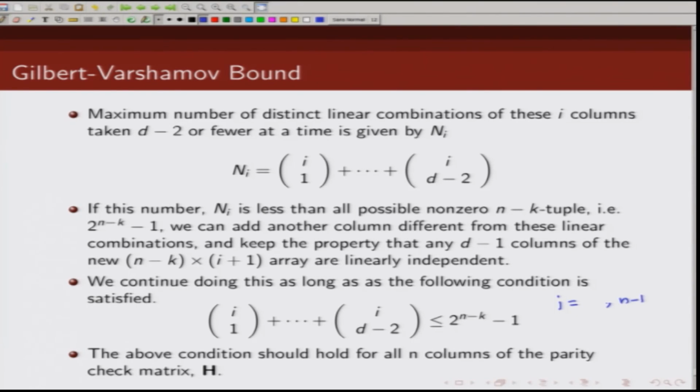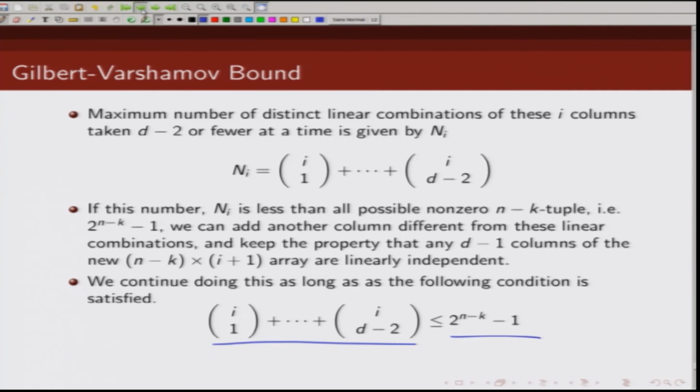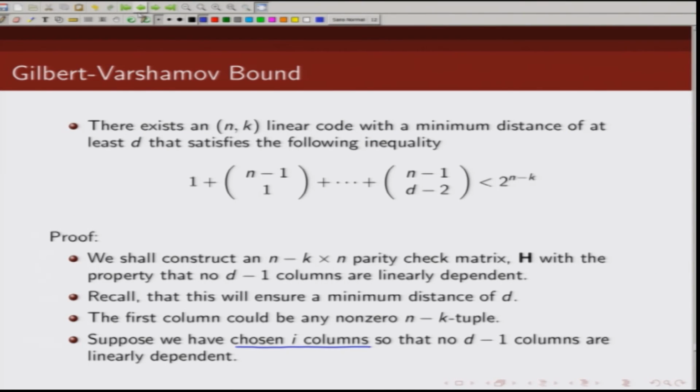So, when we plug in I equal to n minus 1, what we get is that n minus 1 C1 plus n minus 1 C2 and so on should be less than or equal to 2 raised to power n minus k minus 1, and the 1 we can bring to this side, and hence we will get our desired expression, which is this.